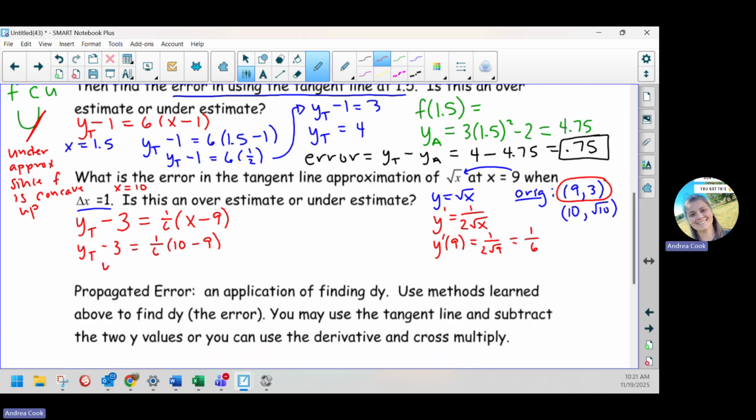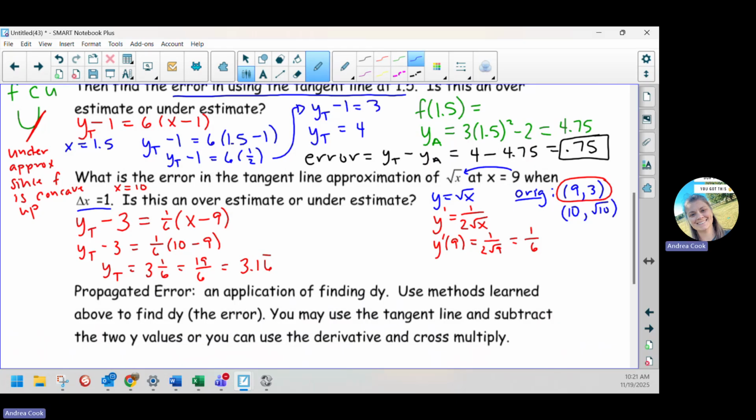And so my y coordinate is 1/6 plus 3, which is 3 and 1/6, or you can write it as 19/6, or as a decimal 3.16 repeating.